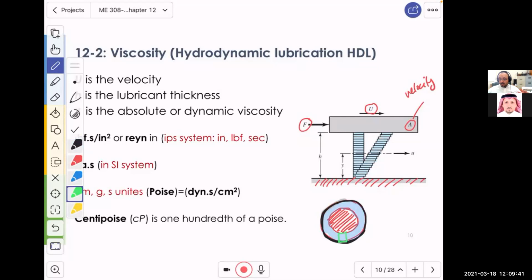And again, in a simple theoretical way, we assume that the curvature here is straight, and the curvature here is straight. The whole journal, which is around, we just took as a little strip. And then we say, okay, what happens when you have the fluid right here, and you have this one rotating, which is moving?